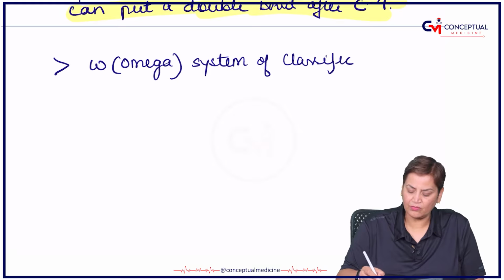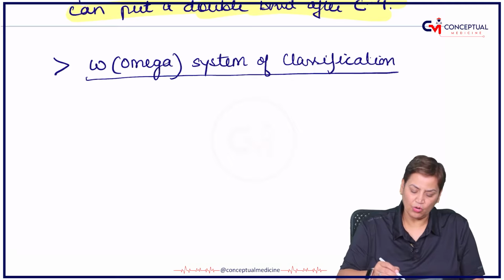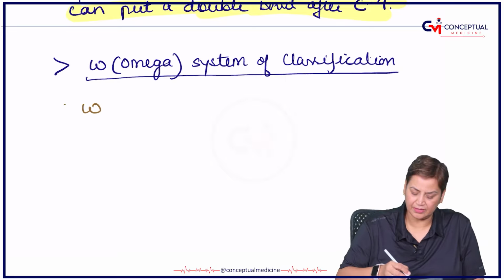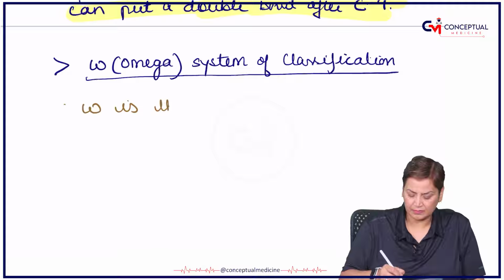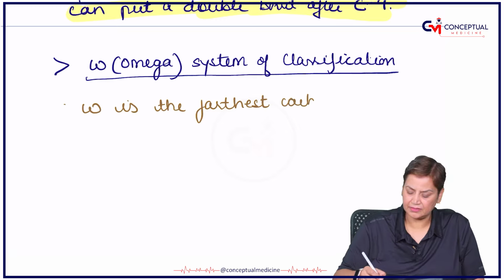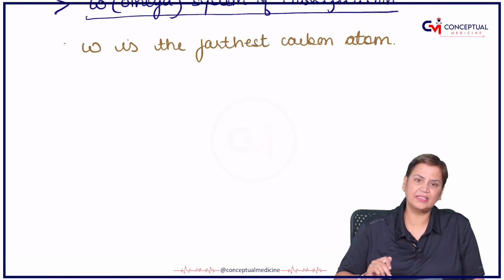Now, first of all, what is this omega carbon atom? Omega is actually the farthest carbon atom.